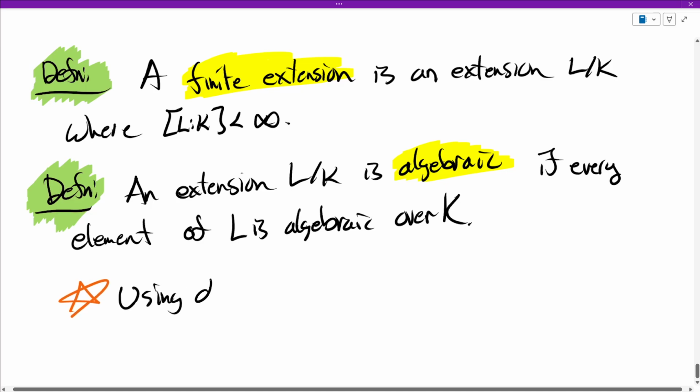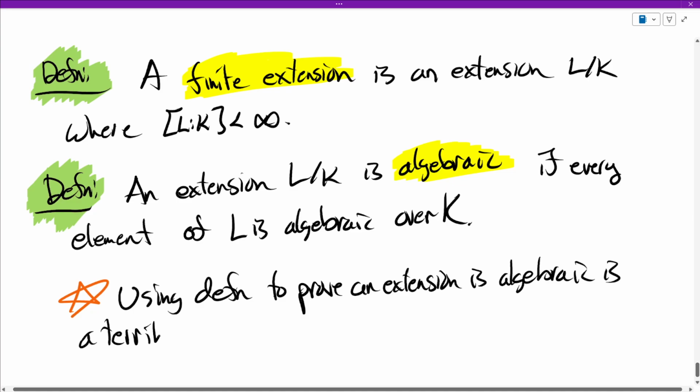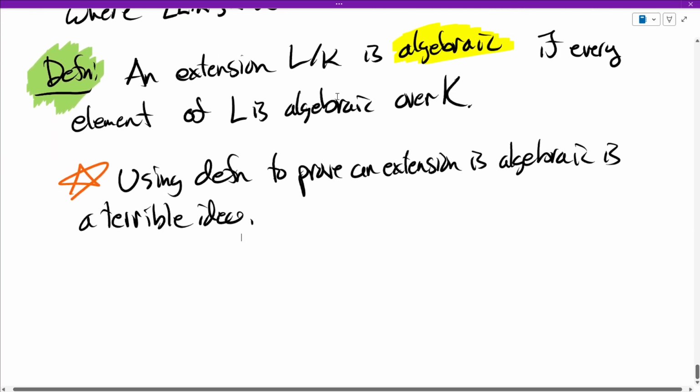Using the definition to prove an extension is algebraic is a terrible idea. And let me show you that it's a terrible idea.